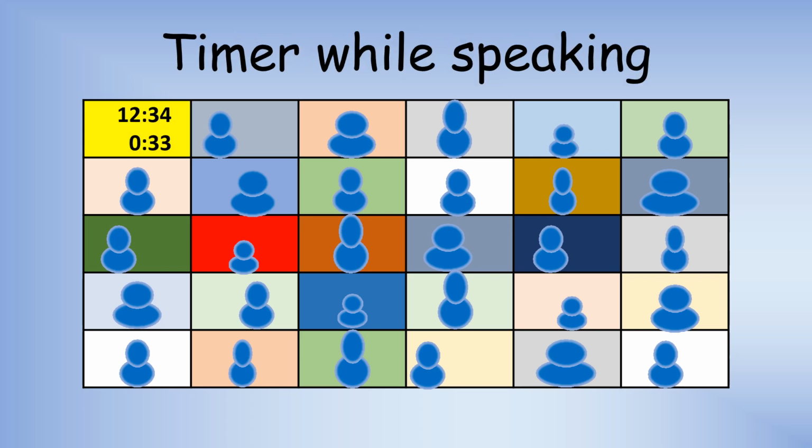When you start to speak, you might notice a pair of time clocks appear in one of the Zoom windows. One clock shows how long the meeting has been working on this specific item of business. The other clock shows how long you have been speaking. Please respect the amount of time that has been given you.